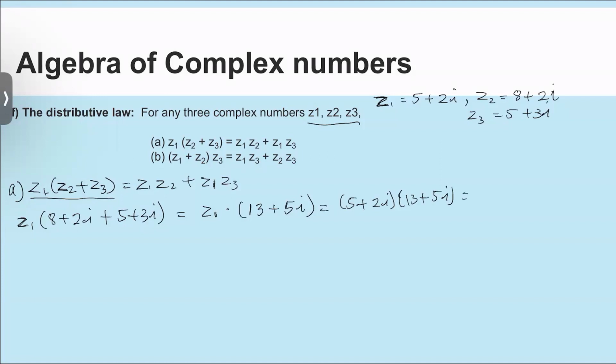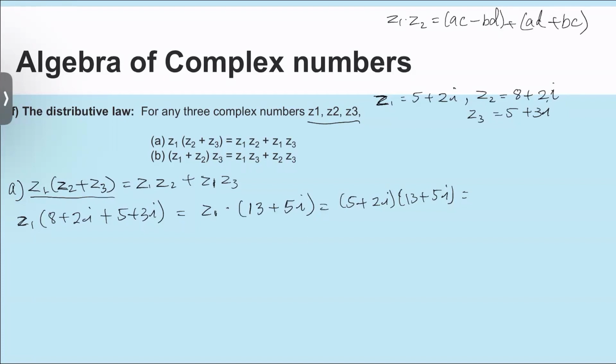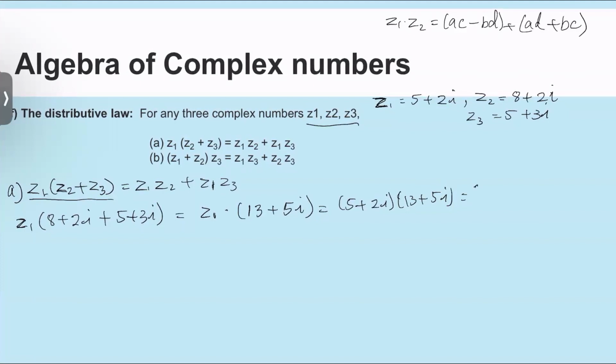We have to remember that the product of two complex numbers can be written in the form of AC minus BD plus i(AD plus BC). In the similar form, if you write it over here, what you are left with is AC, 13 multiplied by 5, minus BD, that is 5 into 2, plus i(AD, 5 into 5, plus BC, 13 into 2).